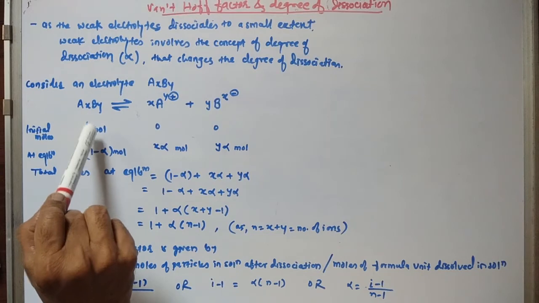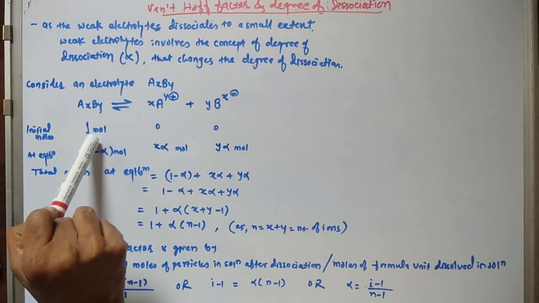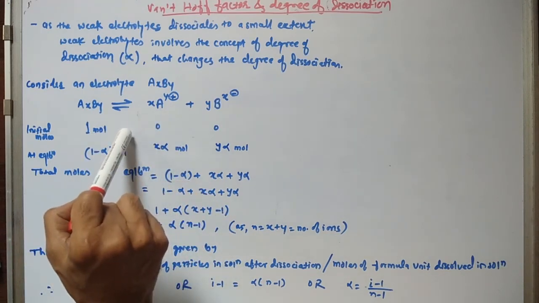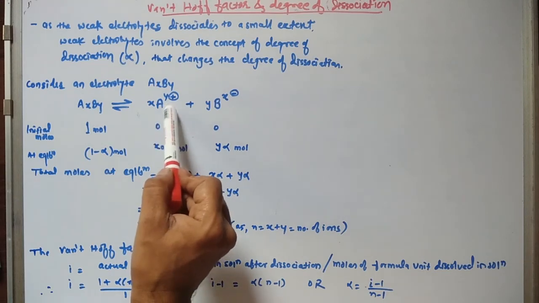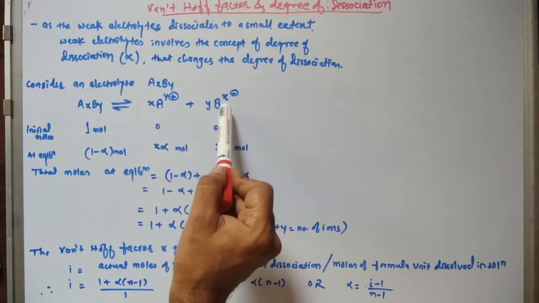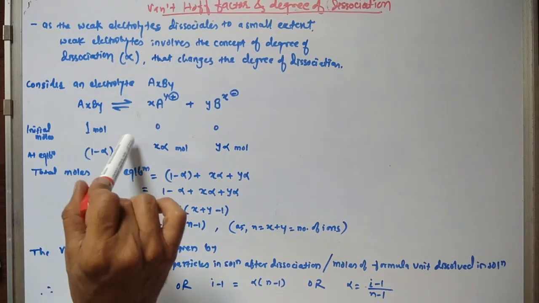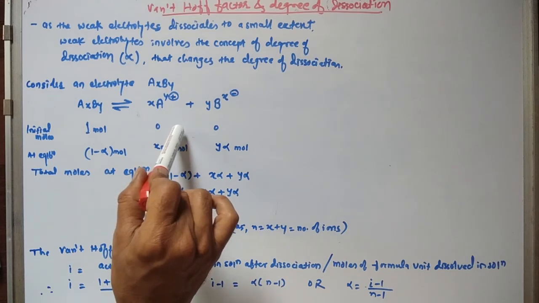Initially 1 mole of this weak electrolyte is dissolved in the solution. That's why before dissociation the initial moles of cations are 0 and initial moles of anions are also 0. After dissociation the equilibrium state is attained.